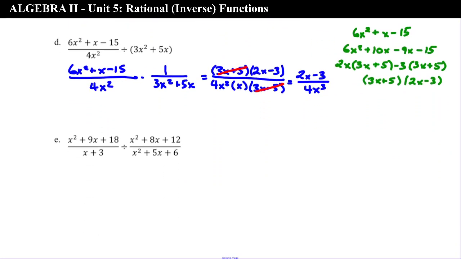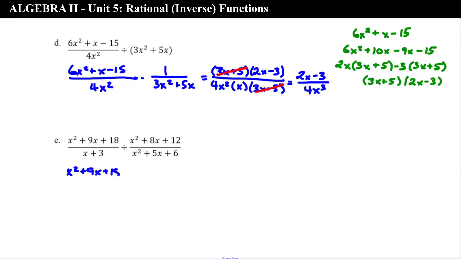And then finally, let's take a look at e. So, first of all, let's get our flip of the second term and multiply instead of divide. So we changed it to multiplication. We've got x squared plus 5x plus 6 over x squared plus 8x plus 12.